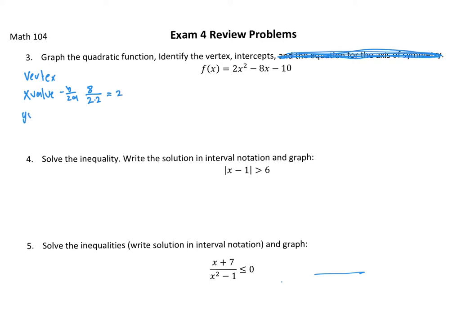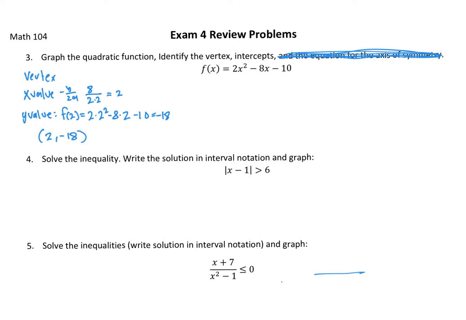And then the y value of my vertex is found by plugging that x value into the function. 2 times 2 squared minus 8 times 2 minus 10. Let's see, that's 8. 8 minus 16 is negative 8. Minus 10 is negative 18. So there's the vertex. A pretty simple process.